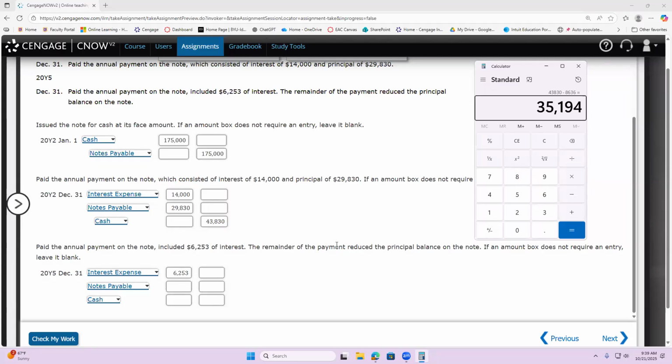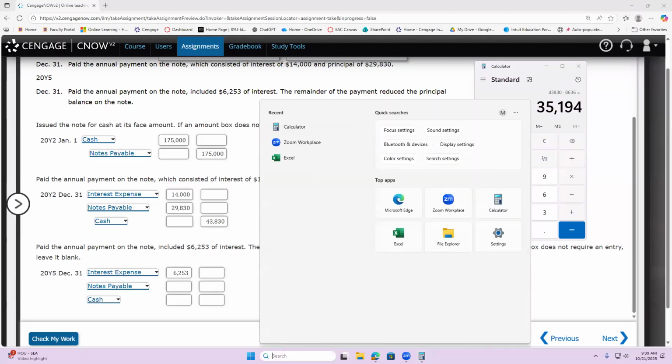Hmm. 43,830 minus 8,636. It looks like I made a mistake here. That's the problem. So instead, we can go to Excel, right? Because when you're doing all that math by hand, the likelihood of making a mistake is, well, significant.